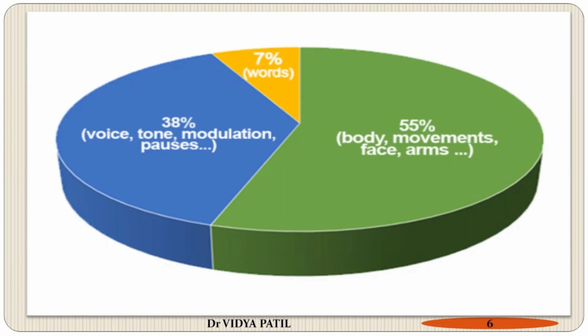This branch of study is known as kinesics. The remaining 55% of the conveying of the meaning in the communication process takes place through non-verbal means, which is in common man language called as body language. Movements, gestures, postures, facial expressions, all these contribute in conveying the meaning more effectively.